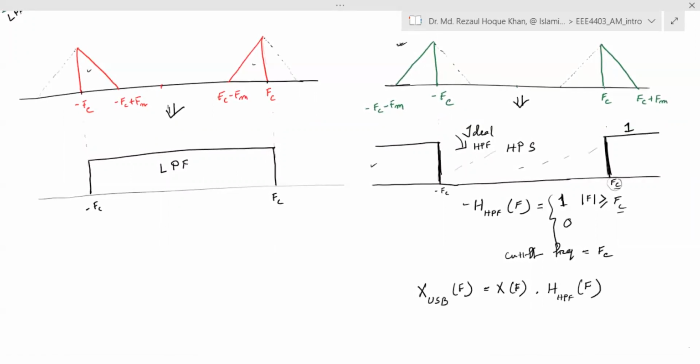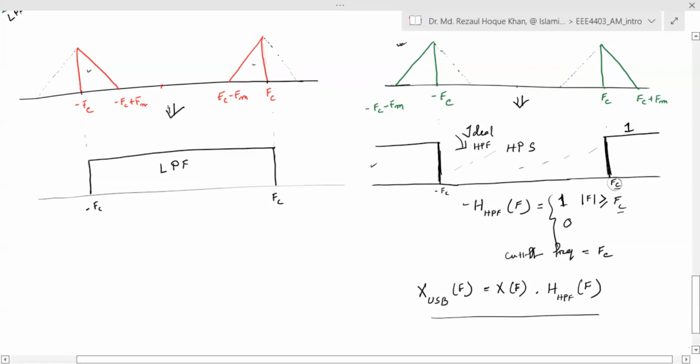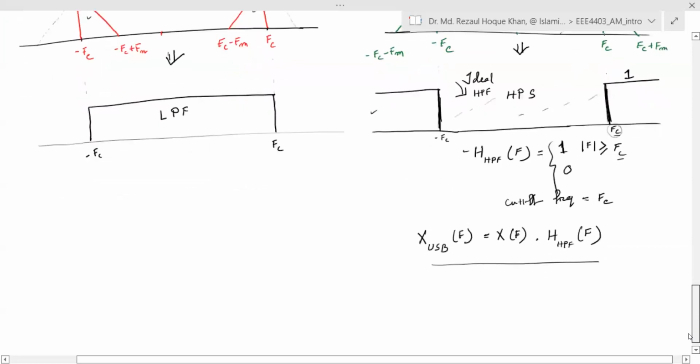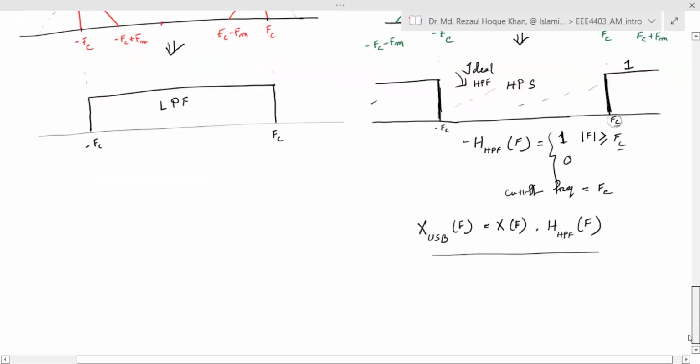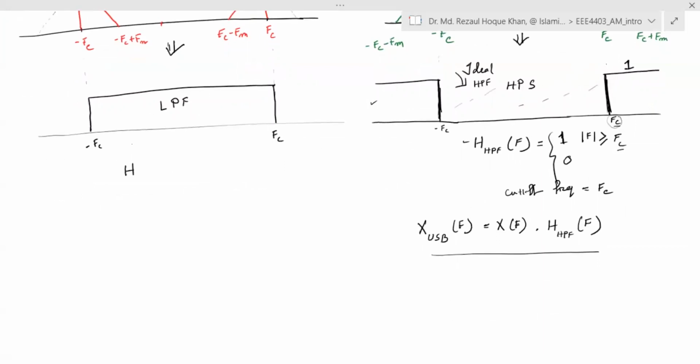So this will be the output after the filter. Okay.